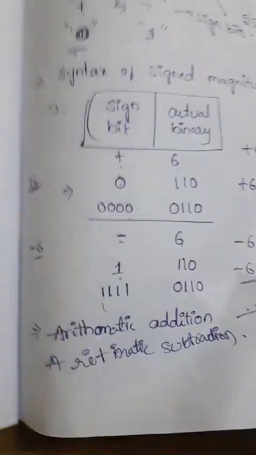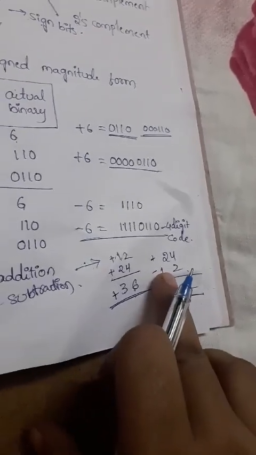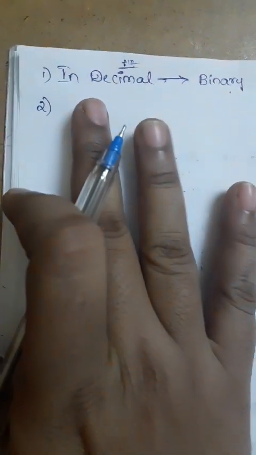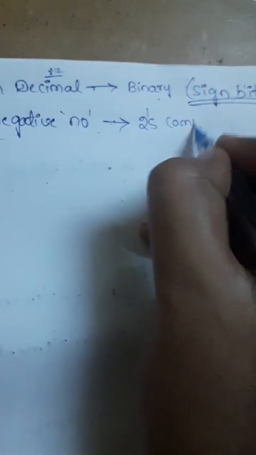And the second step is for when the signs are different. Suppose you are taking two numbers like 24 and 12, where 12 is the negative number. In the addition of two signed binary numbers, if a negative number is there, that negative number will first be converted into its 2's complement form.